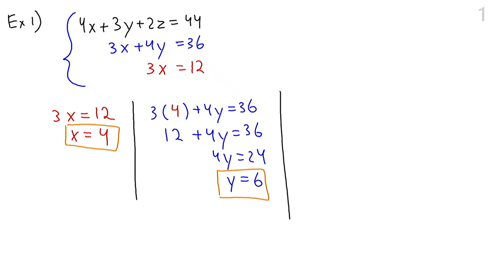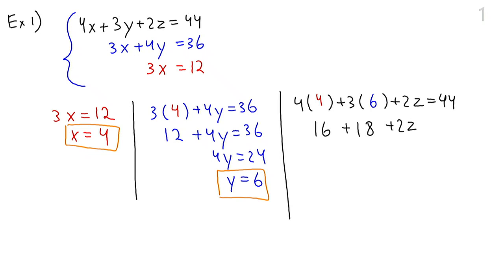And now we know x and y, we can plug it into the first equation, which is 4 times x plus 3 times y plus 2z equals 44, and we can solve for that. So y is 6, and x is 4. And now we can solve this equation for z. That is 16 plus 18 plus 2z equals 44.